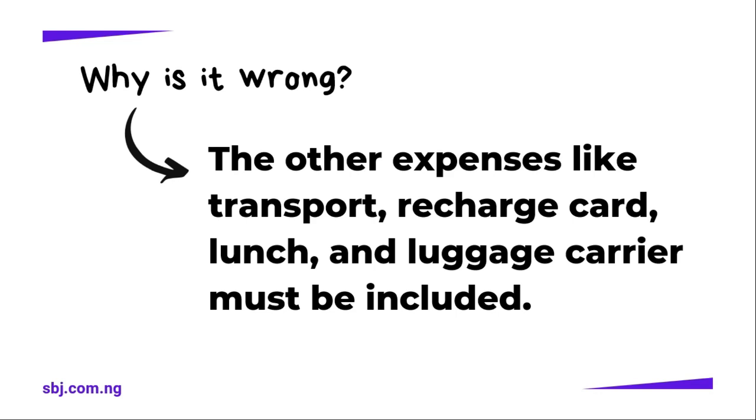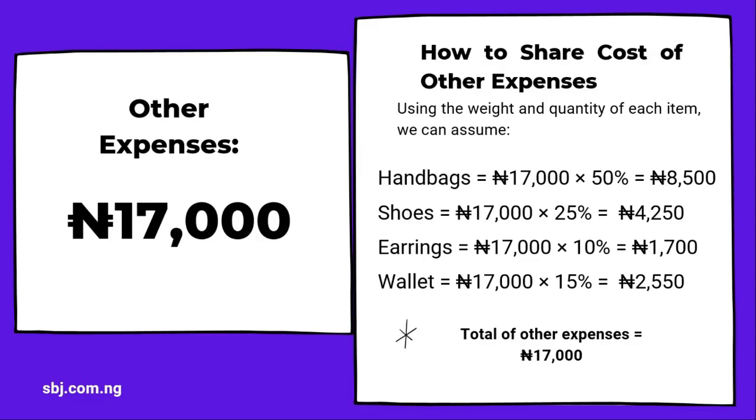It's wrong because you haven't included the other expenses. You spent money to transport yourself to the market, the recharge card, the lunch that you ate, the money you paid to the luggage carrier, everything has to be included because they are directly related to those expenses.